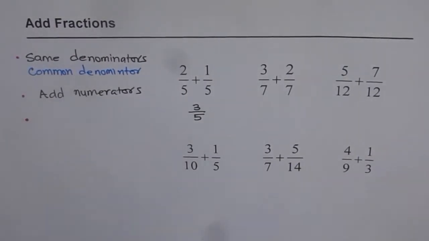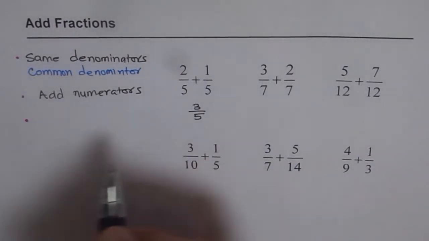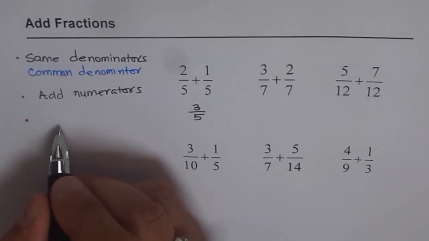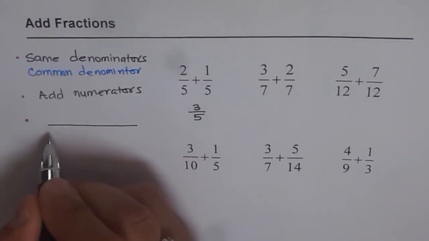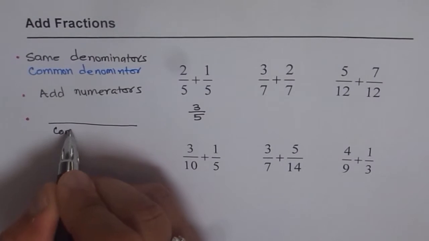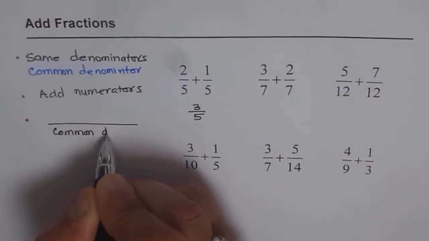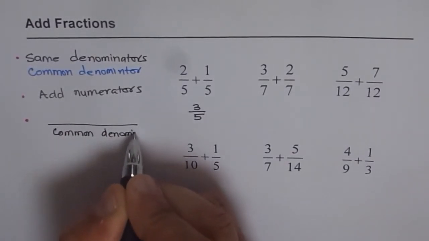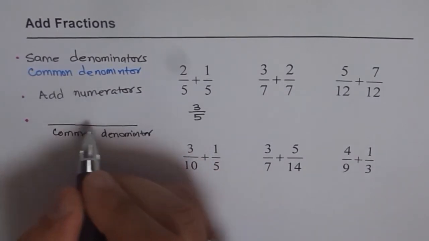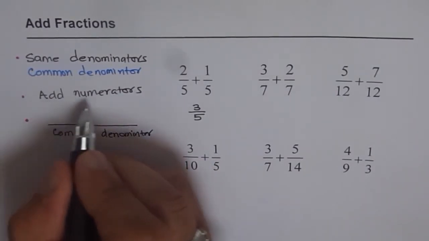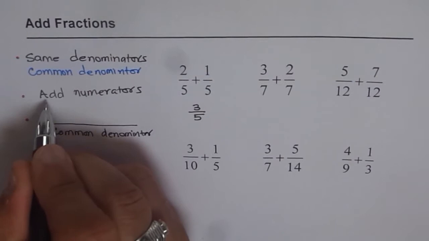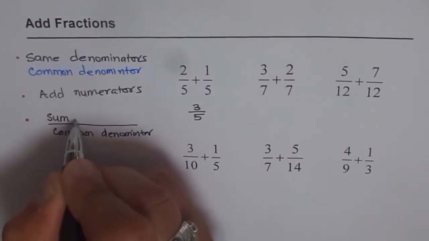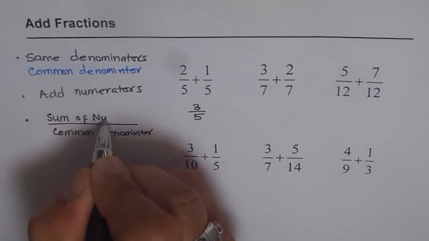And remember, whenever you write down your answer, denominator remains same, right? So here you get the answer. Common denominator and here you get sum of numerators, right? Or when you add them, you get the sum.